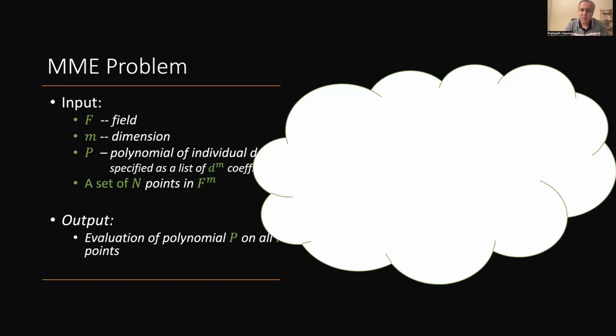So just to make sure we're on the same page, the input is the d^m coefficients and the nm field elements required to specify the n points. So we call this combined input d^m + nm. We denote it by the small n, and that's the input length.